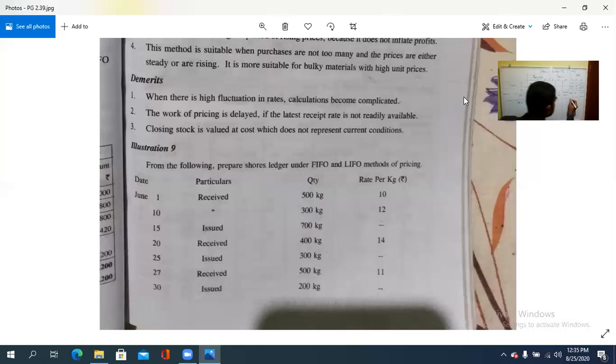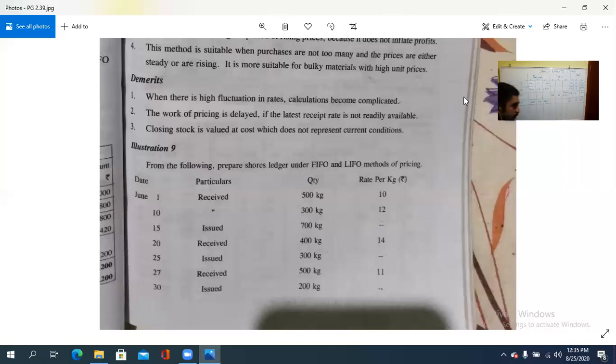So the balance increases to 112 and 414, so 1,200 and 5,600, because receipt is added to the available balance. And from the available balance, we need to take from the first lot for the first issue, and then the balance from the next.